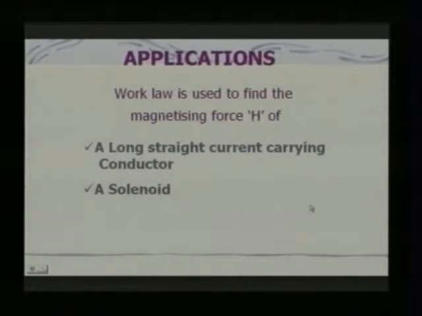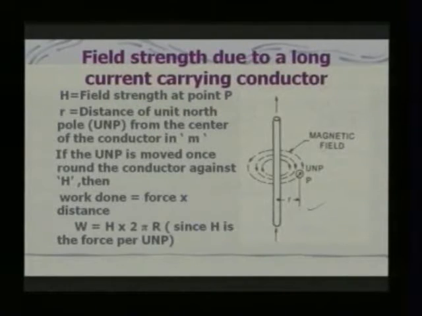Now, we will see the applications of work law. Work law is used to find the magnetizing force H of a long straight current carrying conductor and a solenoid. Now, we will see the field strength due to a long current carrying conductor applying work law.